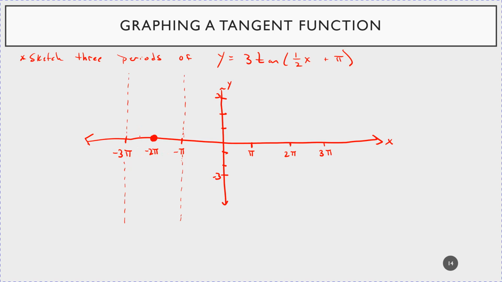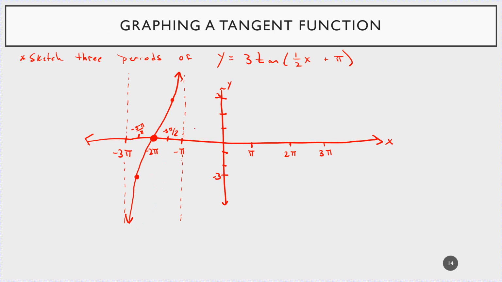That would be negative 2.5 pi, which is 5 pi over 2, so that's down to negative 3. And then what falls between negative 2 pi and negative pi? That would be negative 1.5 pi, or negative 3 pi over 2, and that's going to go all the way up to 3.